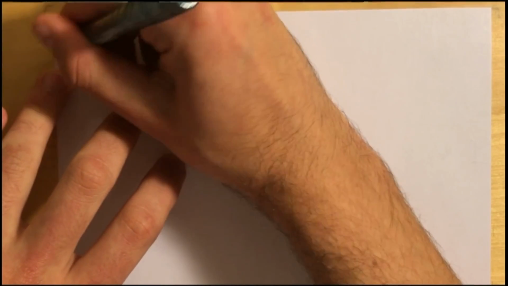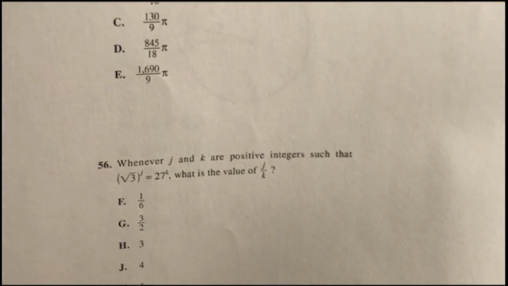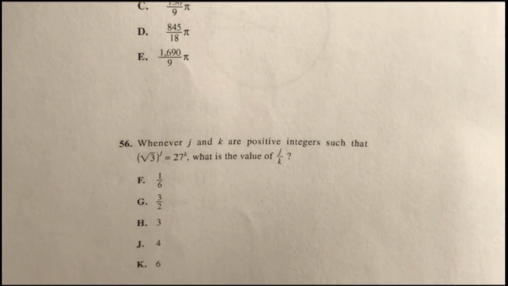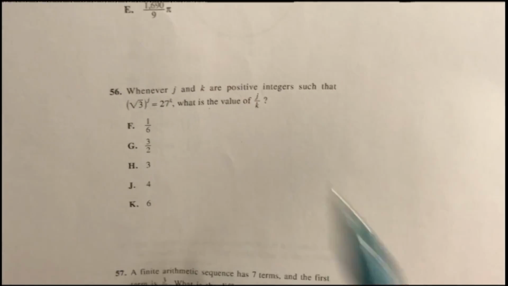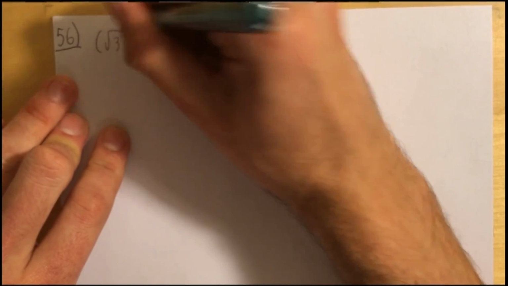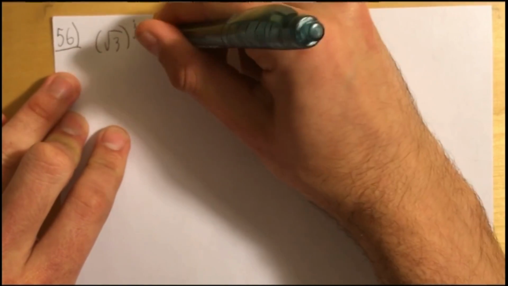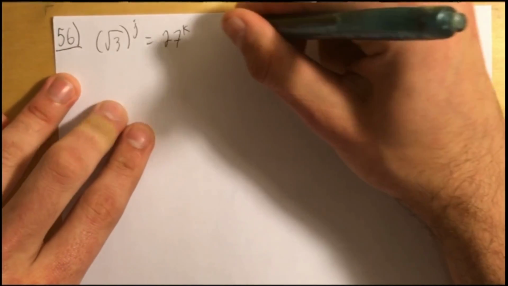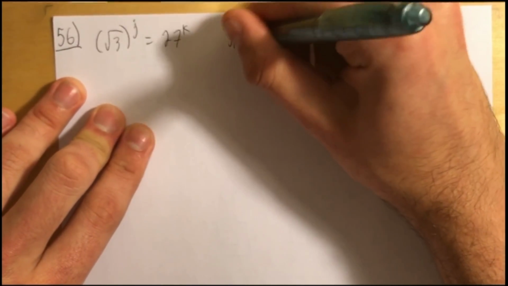Problem 56. Whenever j and k are positive integers such that this expression holds, what is the value of j over k? So, square root of 3 to the jth power equals 27 to the kth power. They want to know j over k.